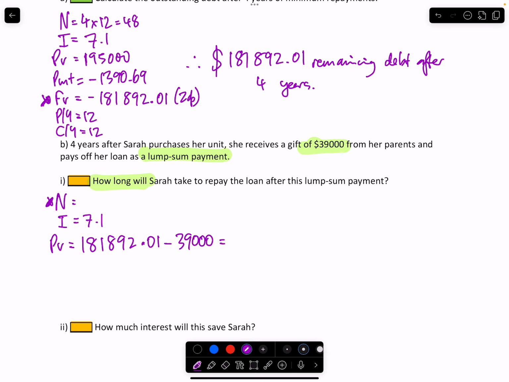We'll work out the answer when I get my TVM solver up. PMT, doesn't say that they changed that, so PMT is negative 1390.69. I want to owe the bank nothing at the end. PY is 12, CY is 12.